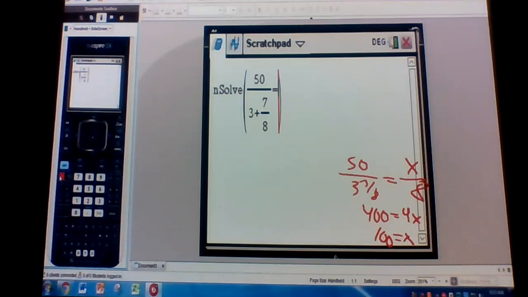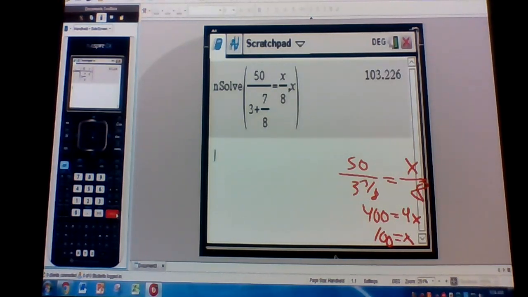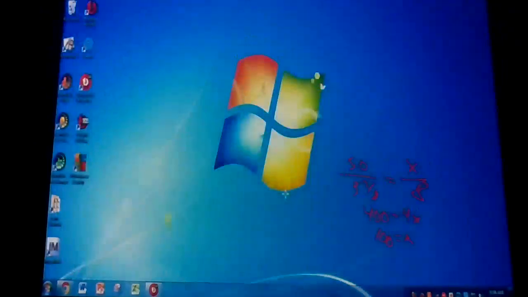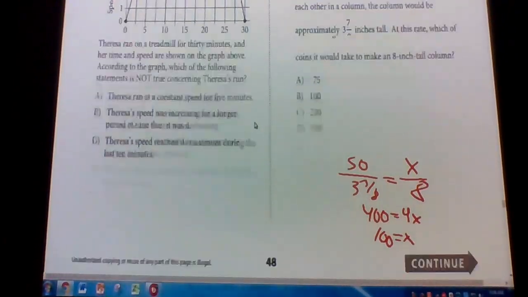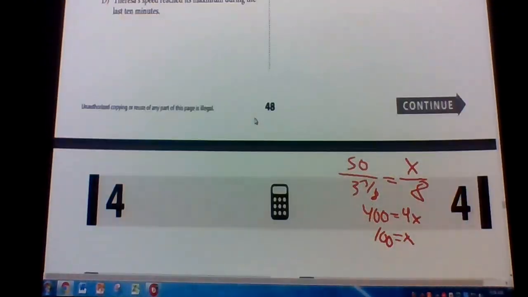Okay, and that equals x over 8, and then comma x. Right, so 103. So approximately 100, right? So you can just change the 3 7/8 to a 4. Or you can find the decimal of that and plug it in lots of different ways. But I know you guys have been getting tripped up on the 3 7/8. Okay, so that should be B.